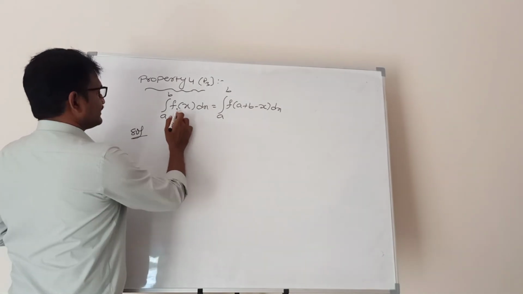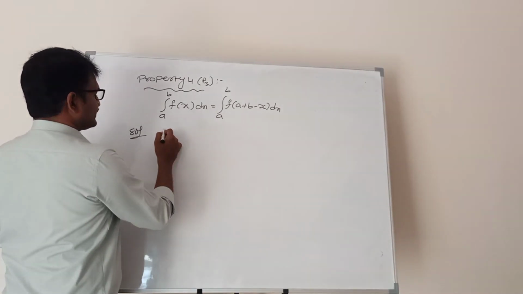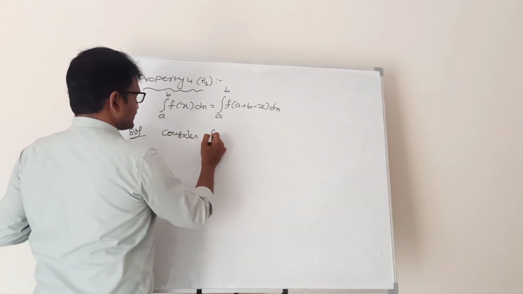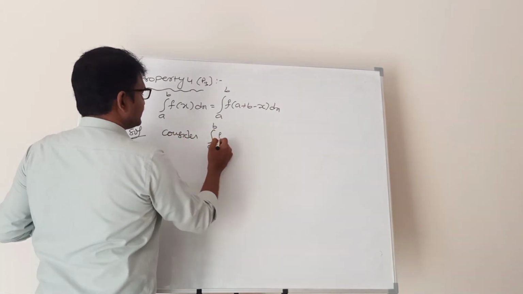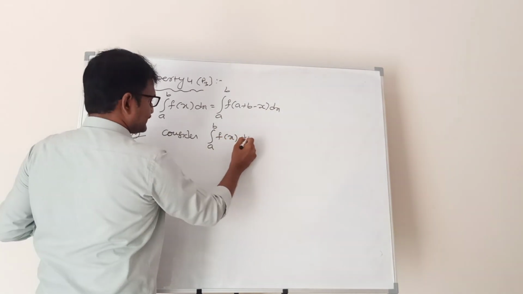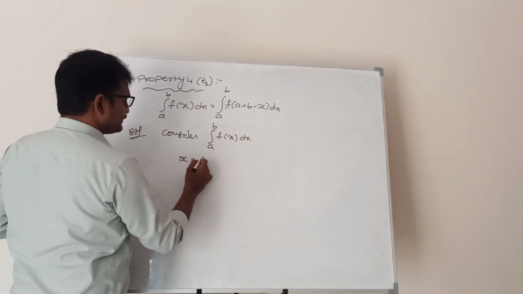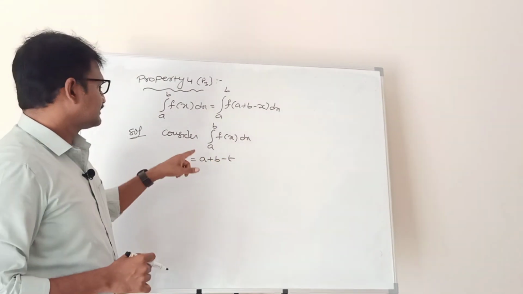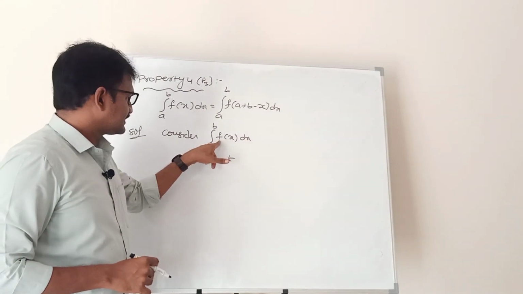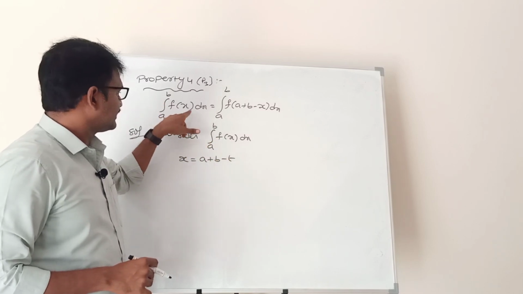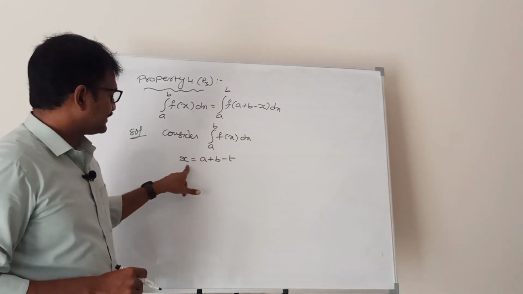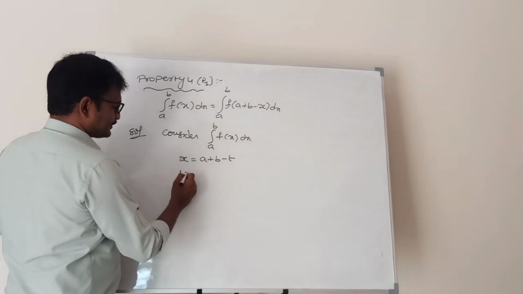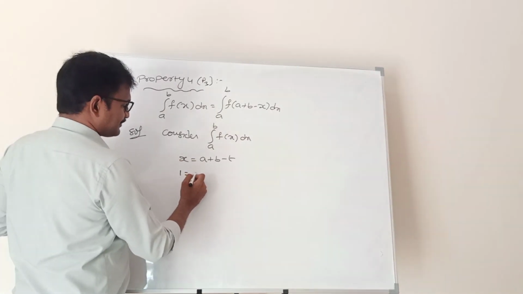Let us consider LHS. What is LHS? A to b f of x dx. In this, replace x with a plus b minus t. Differentiating with respect to x on both sides, the derivative of x is 1.